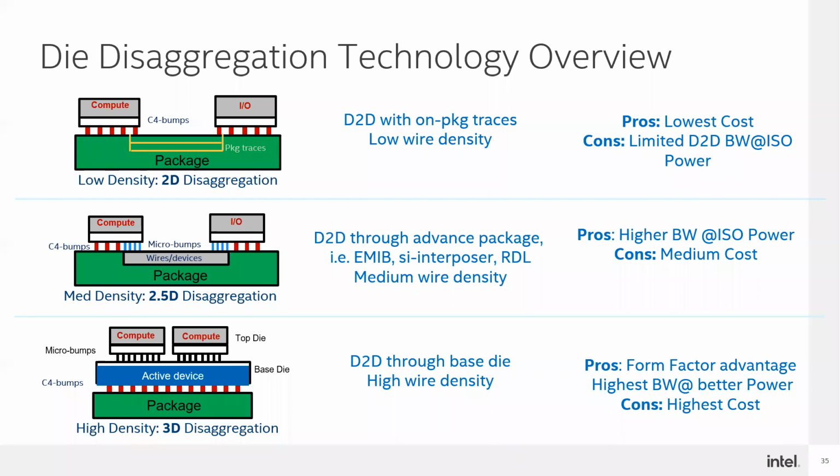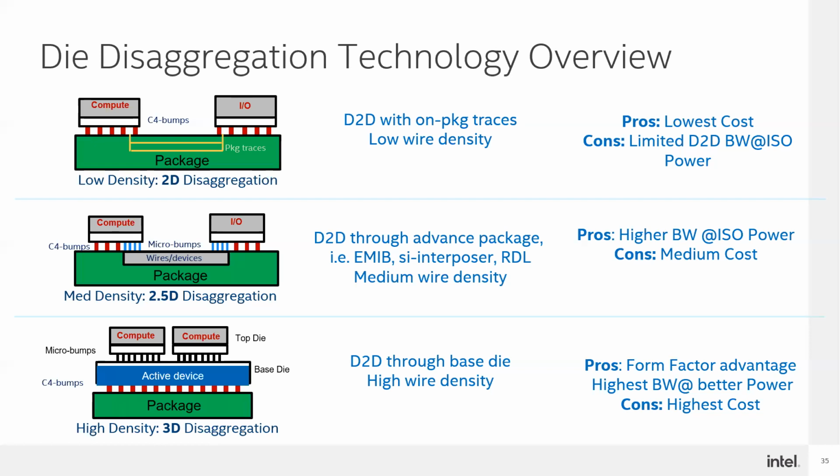Usually the first category, which is what people usually call 2D, is on the C4, and it has been used in multi-package solutions, for example between CPU and SoC, usually through some link like PCIe or CXL. When people talk about die disaggregation, usually what we think of is microbumps, EMIB, silicon interposer, even 3D.